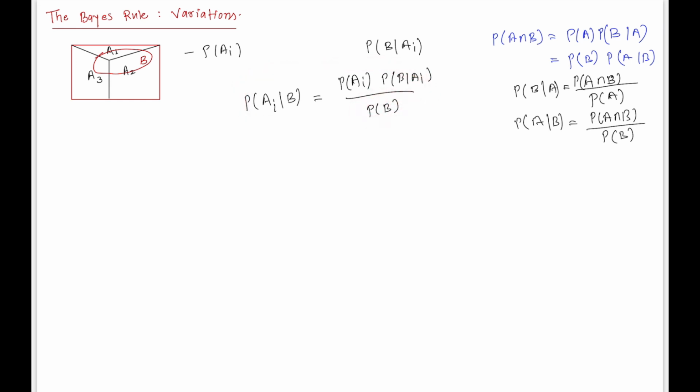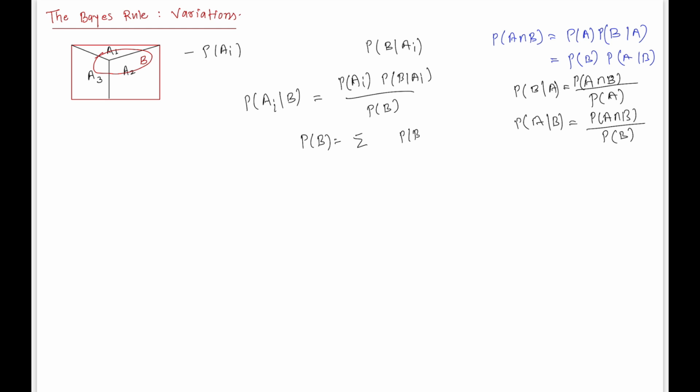how do you find this probability of event B? Since we know the probability of event B under each possible scenario, and we also know the prior probability of each scenario, we can make use of the total probability theorem, right?